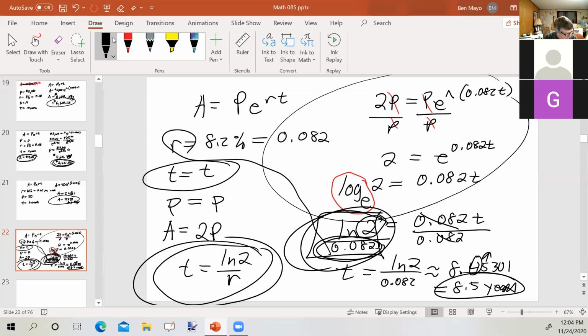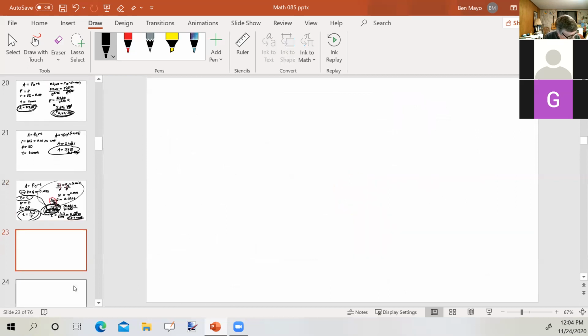All right, let's apply this formula to the next problem. It says, doubling money. How long will it take $1,000 to double if it is invested at an annual rate of 5% compounded continuously? Now, the key there, it has to be compounded continuously.